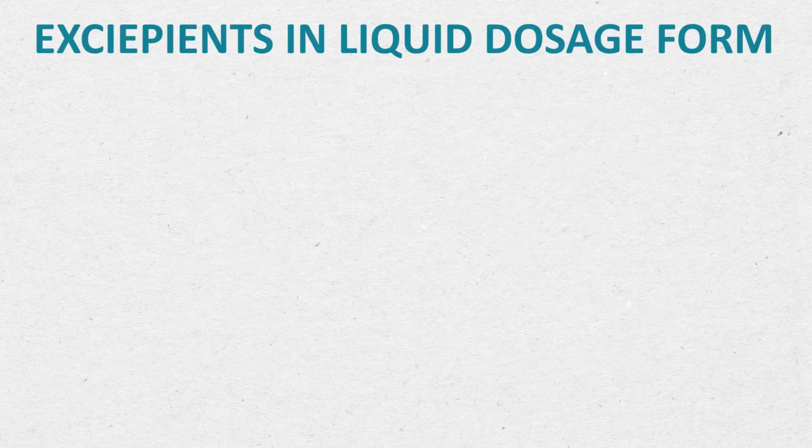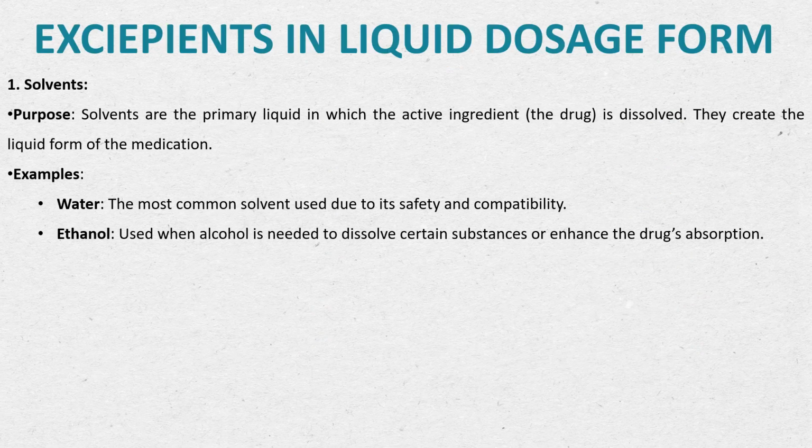So the next topic is excipients in liquid dosage forms. First we'll study solvent as an excipient. What is the purpose of solvents? Solvents are the primary liquid in which the active ingredient, that is the main drug, is dissolved, and they create the liquid form of the medication. What are the examples of solvents?